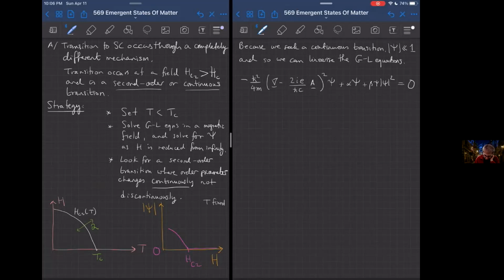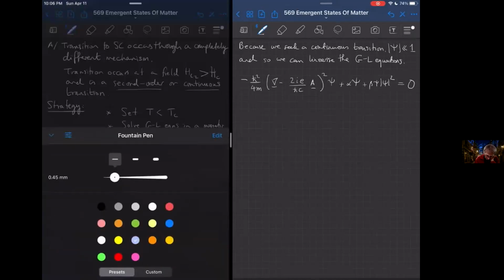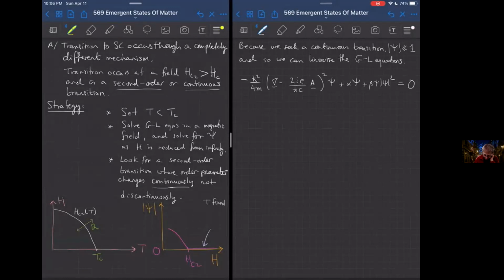And because we're going to be working in the regime above the transition, psi is going to be small, and so we're going to neglect this term here for that reason.